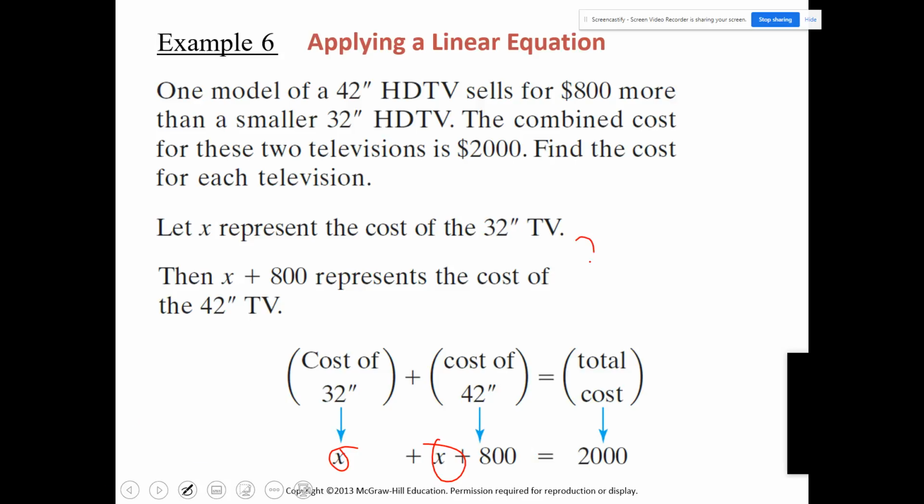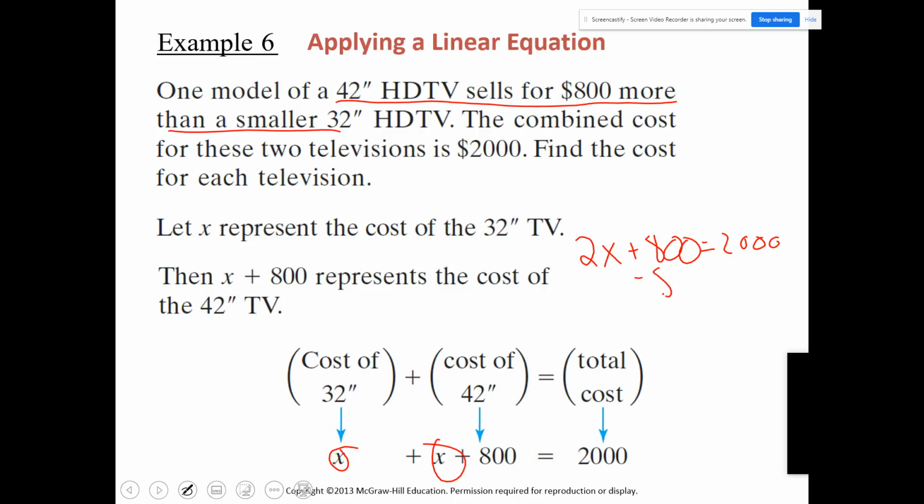All right, so we have 2X plus 800 equals 2,000. And again, it says here that the 42-inch sells for 800 more than the smaller. We don't know what the smaller is, so that's why we're giving the variable X for the small TV. And then we know the larger one is the smaller plus 800.